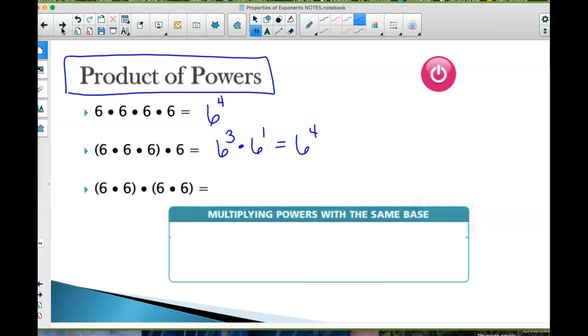And the third example has 6 to the 2nd power times 6 to the 2nd power, which ultimately is still 6 to the 4th power. Does anybody see a pattern of how I get this final answer each time? A rule that we could write down?